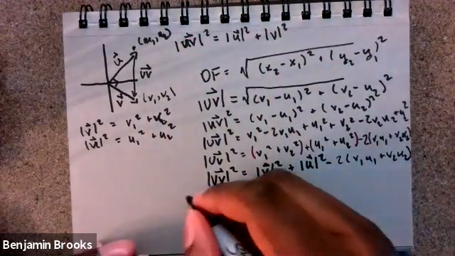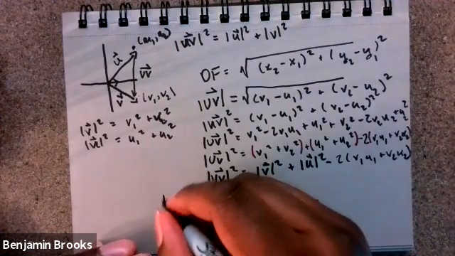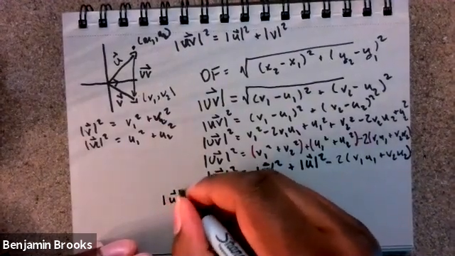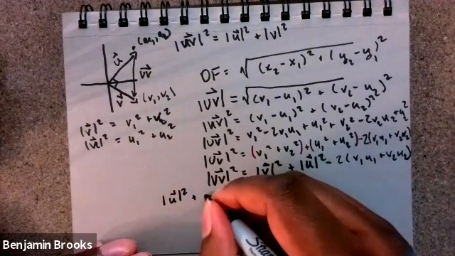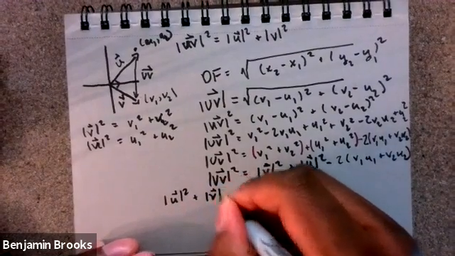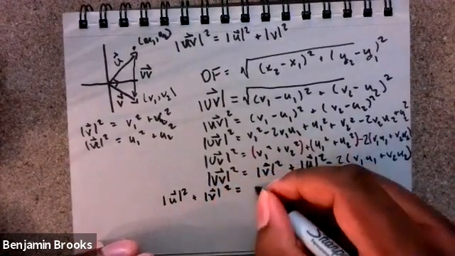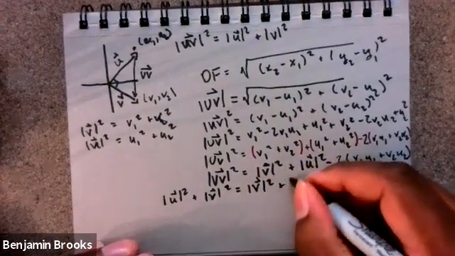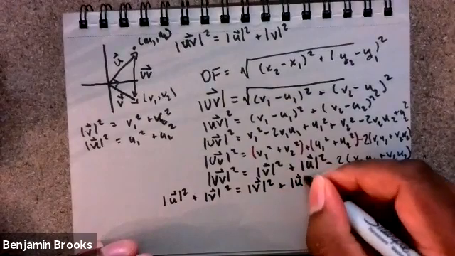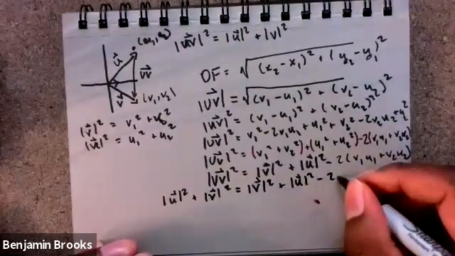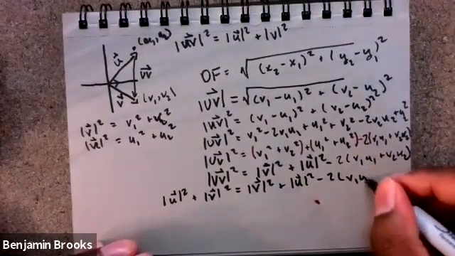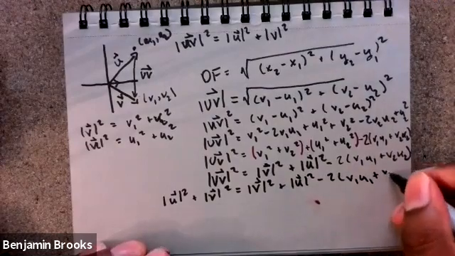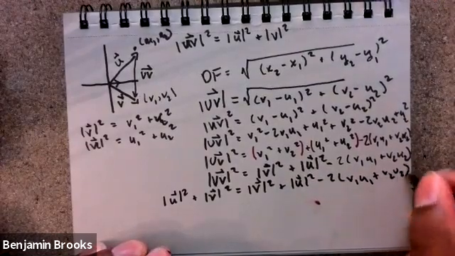So then we can say the magnitude of u squared plus the magnitude of v squared equals the magnitude of v squared plus the magnitude of u squared minus 2 times (v1 u1 plus v2 u2).